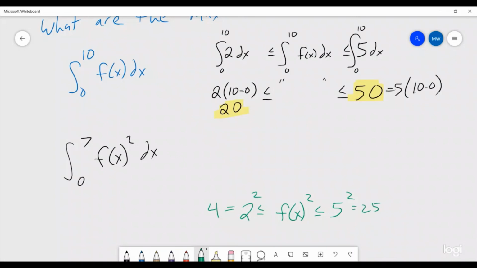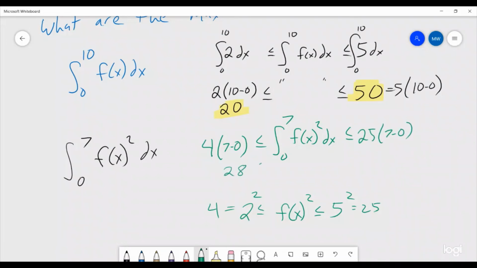So this one is going to be between, we got 4 times 7 minus 0, less than or equal to the integral from 0 to 7 of f of x squared dx, which is less than or equal to 25 times 7 minus 0. So it's between 28 and 7 times 25, which is 175. So it is somewhere in there.